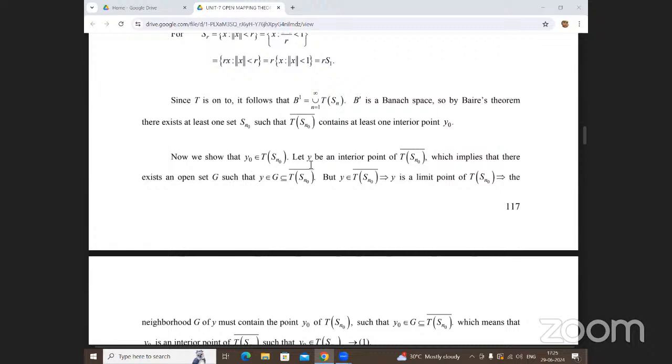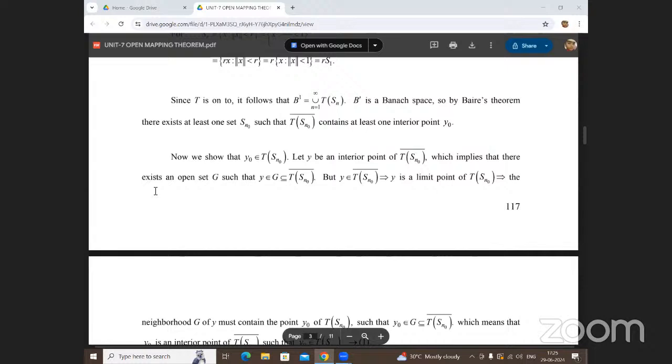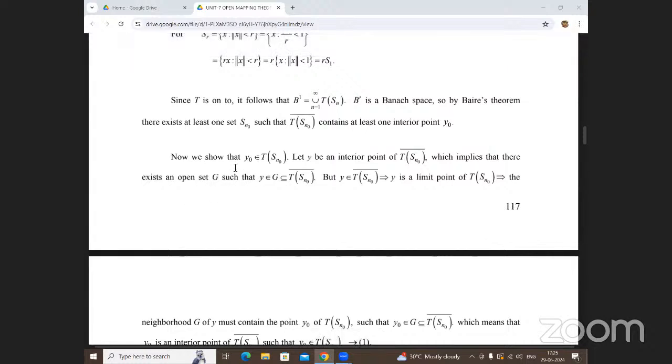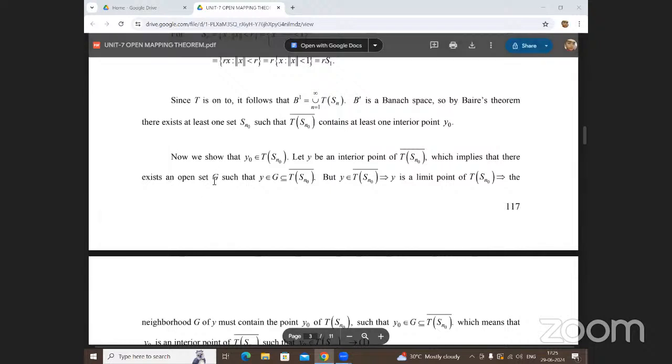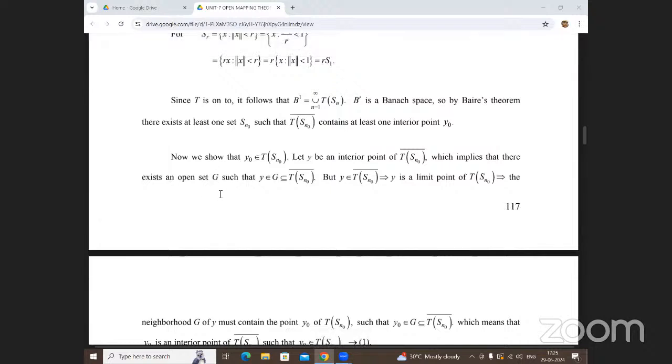So let y be an interior point of the closure of T of S_n0, which implies that there exists an open set G. Open sets are represented as capital G and closed sets as capital F. Some mathematicians represent them differently, and other references also do so, so you must thoroughly practice reference books in analysis.